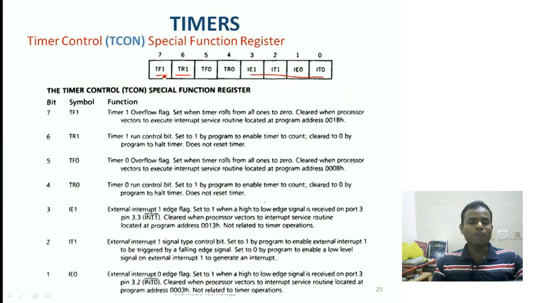Whenever you have to start your timer to count, to make it start running, you always have to set this bit as 1: TR0 for timer 0, and TR1 for timer 1.